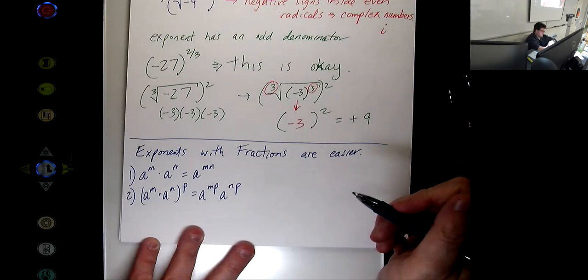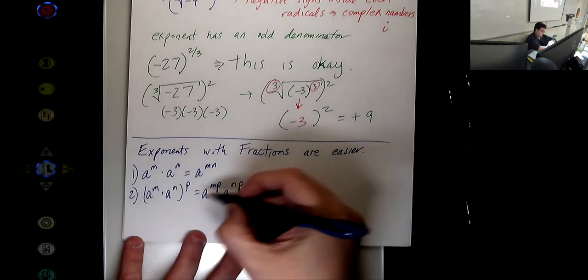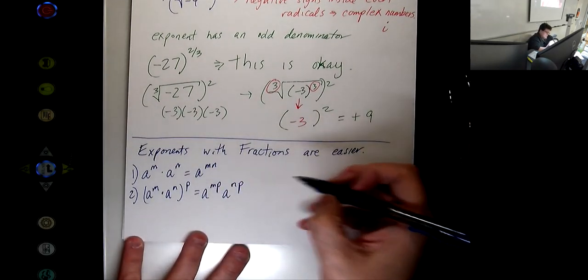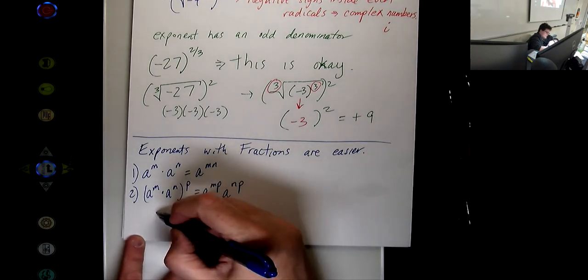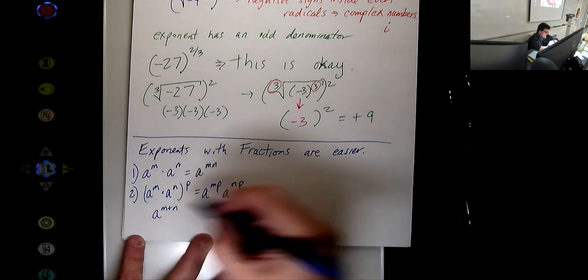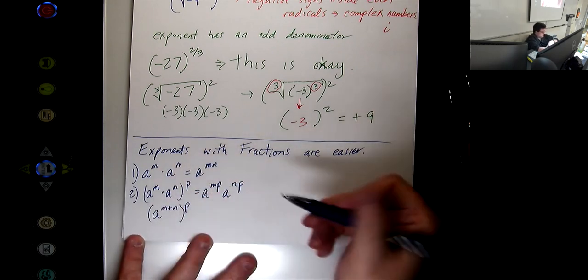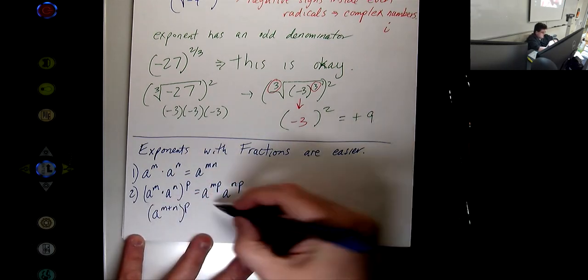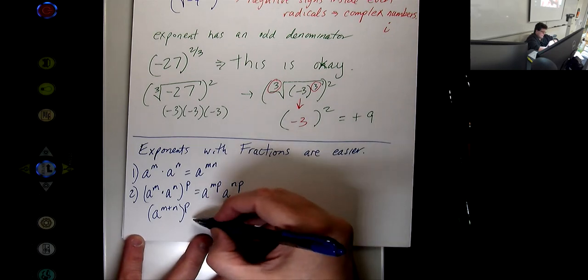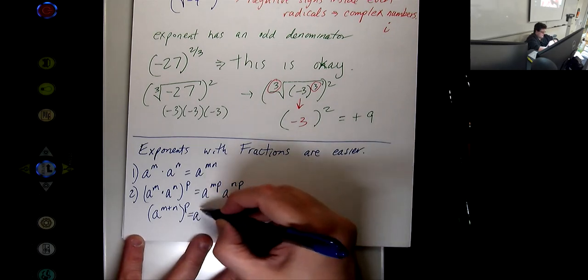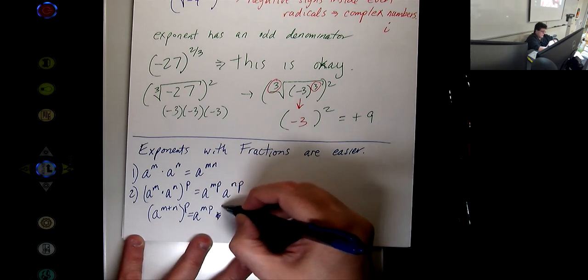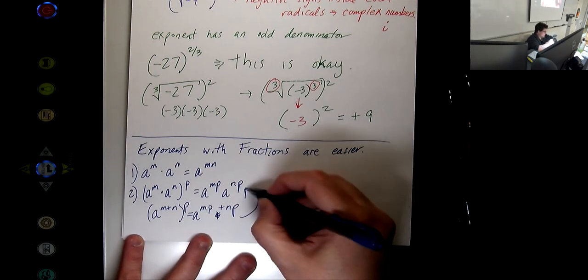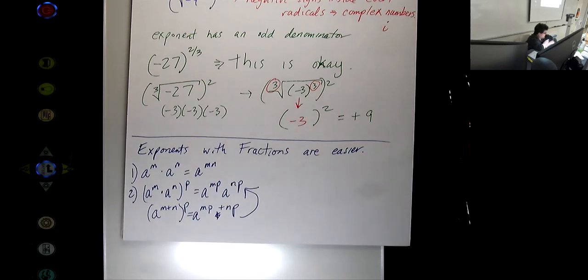This becomes a to the m plus n to the p, which is a to the mp plus np, and that's how those two equal each other.